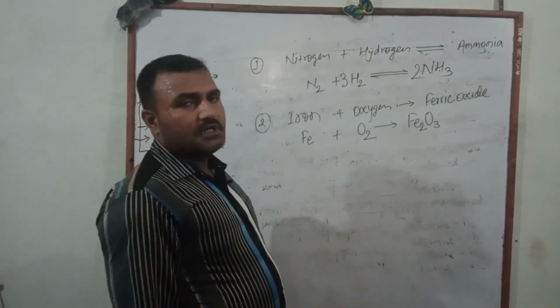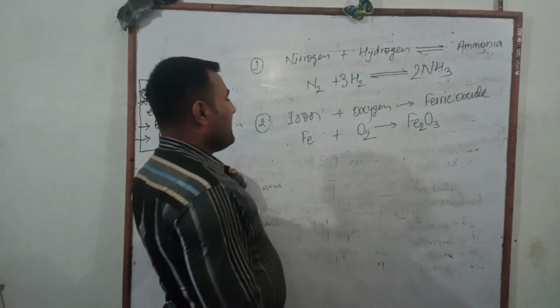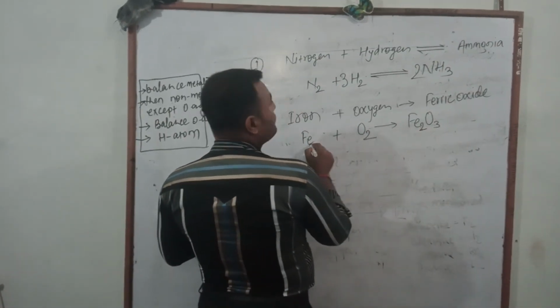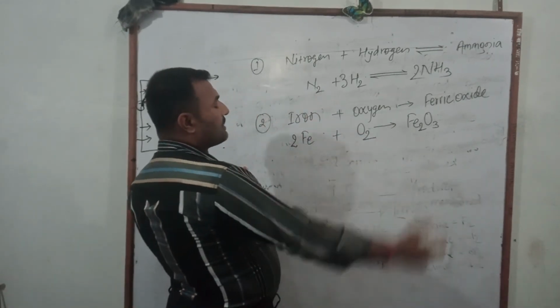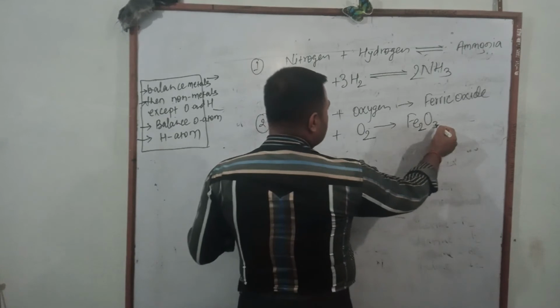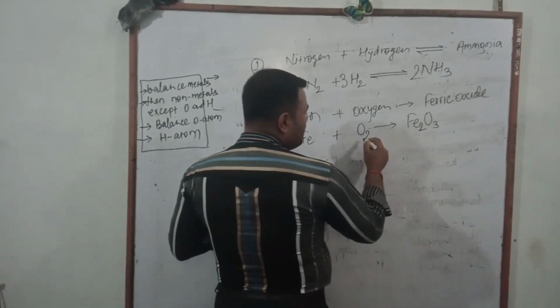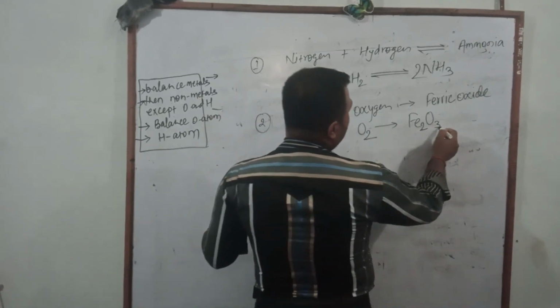And then we count the number of atoms. Here the number of atoms is given. At first we balance the metal. In the product 2, in the reactant only 1, therefore here we write 2. Now we count oxygen. The number is 3 here, and 2 here. On the reactant side an even number of oxygen is found, on the product side an odd number.